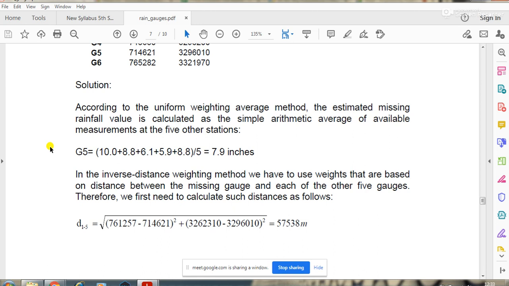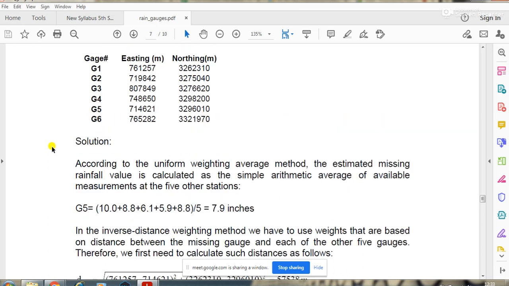Distance is available from this particular table which is provided over here. This table is given for the distances. The northing and easting values are given already.